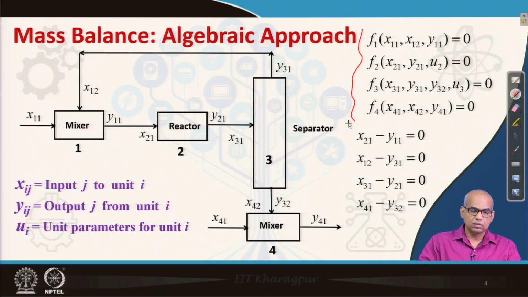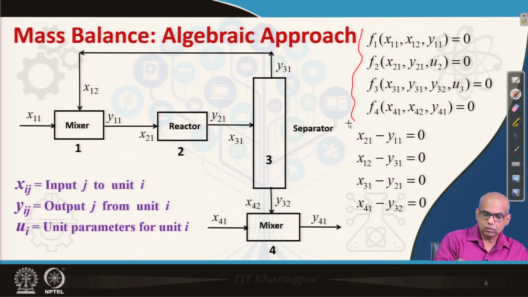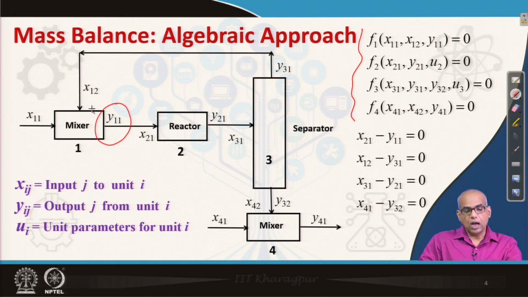Now, note that every unit has been associated with input and output. So, Y11 is the output 1 from unit 1.